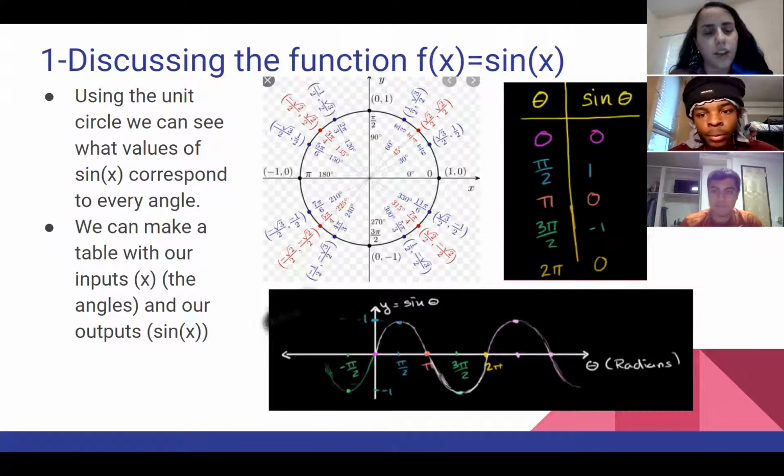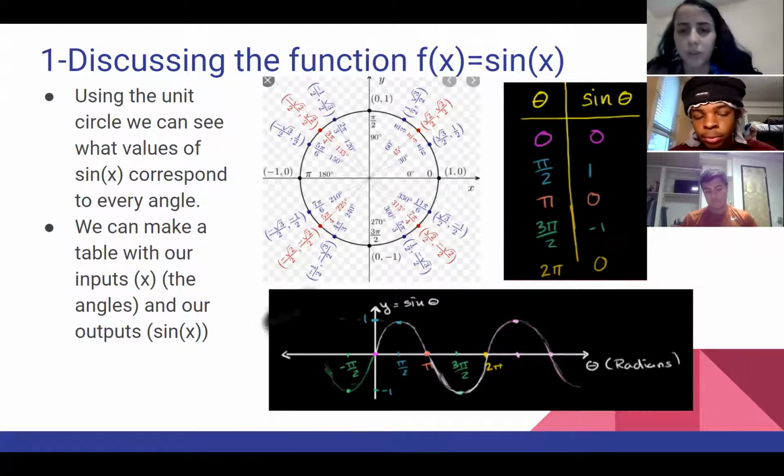So here we have the unit circle, and we're gonna use that to see what values of sine of x correspond to every angle. Using that, we're gonna make a table. We're gonna have theta and then sine of theta using the unit circle. Whenever theta equals 0, sine of theta will be 0 as well.